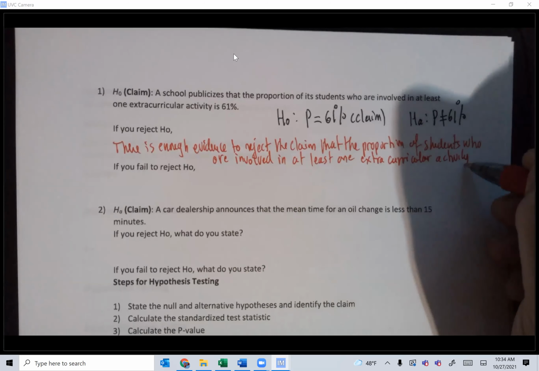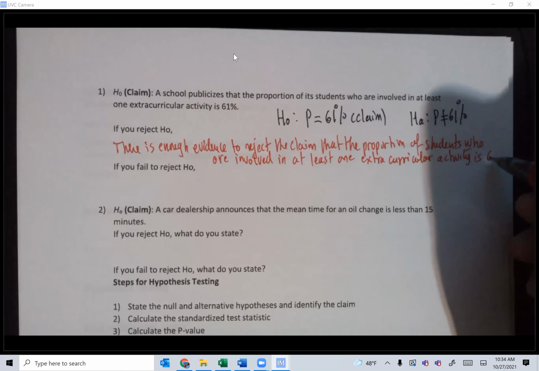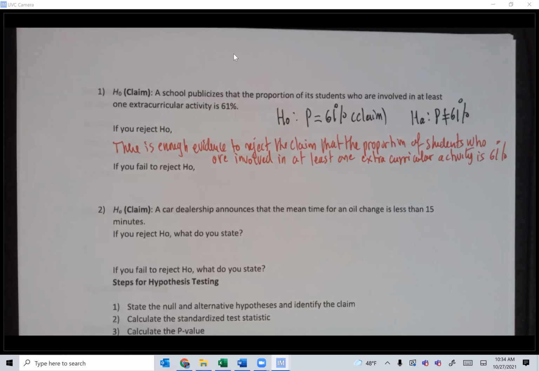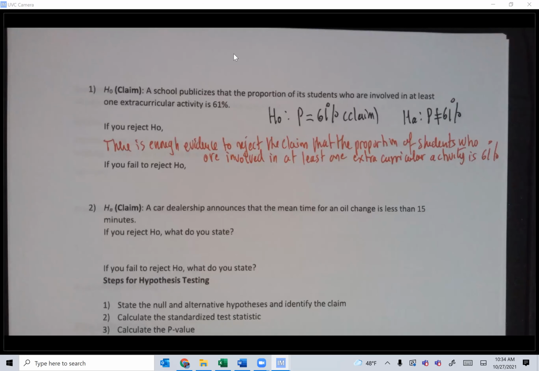I'm just copying and pasting the claim. We're rejecting that. So we're saying that your claim is false.